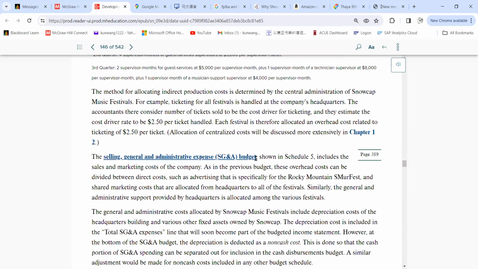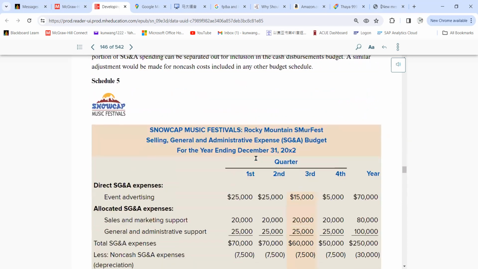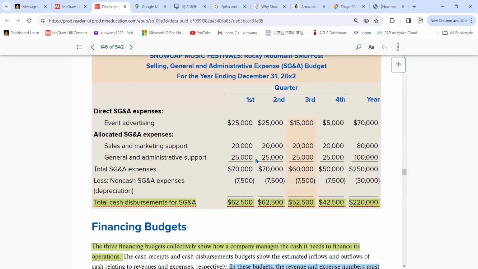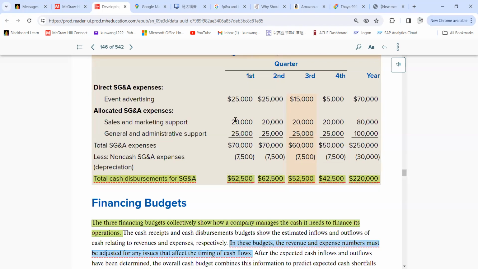And then your selling, general, and admin expense budget also starts from the beginning. Event advertising, right? So sales and marketing support. You put in different venues and you hire people, maybe consulting people for all of these activities.